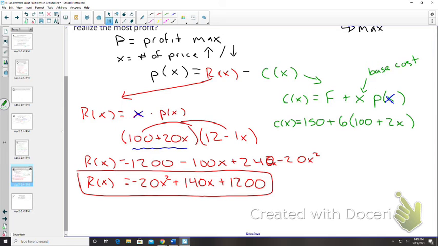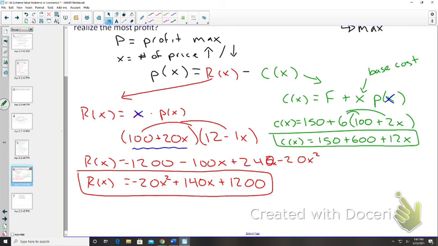Okay, so we can simplify this. We can distribute that 6 into those brackets. So we get 150 plus 600 plus 12x. Okay, now we know our cost function. I should simplify that.